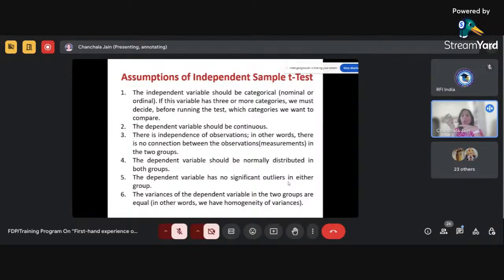In either group, the male group and the female group, there should be no outlier in the salary variable. Then the variances of the dependent variable in both the groups should be equal. Whatever your dependent variable is, its variance should be equal in both the groups. This is known as homogeneity of variances. So these are the 6 most important assumptions which we generally check while performing the independent samples t-test.